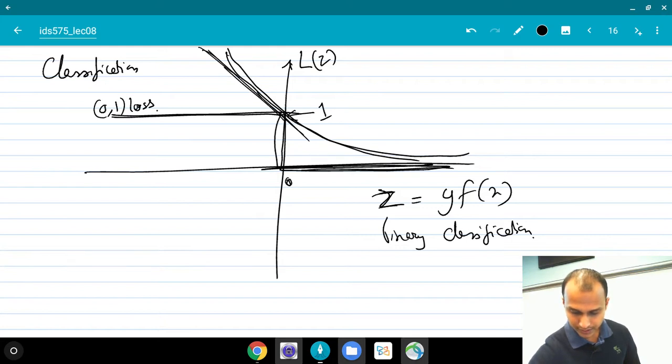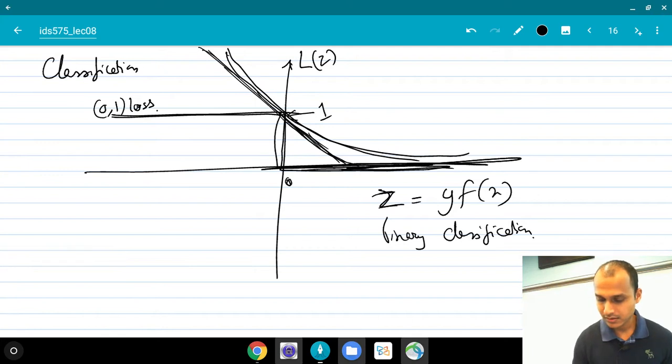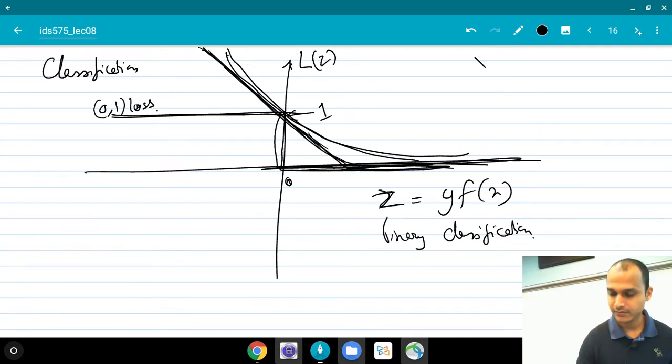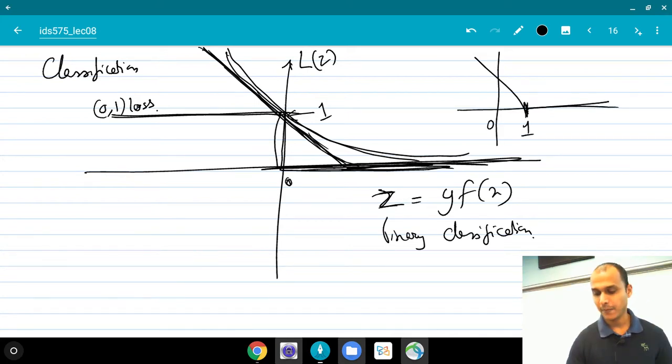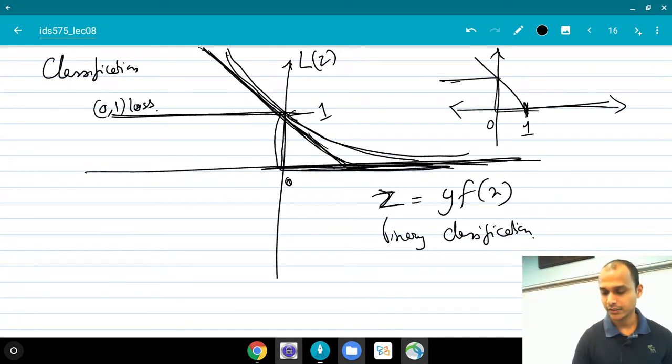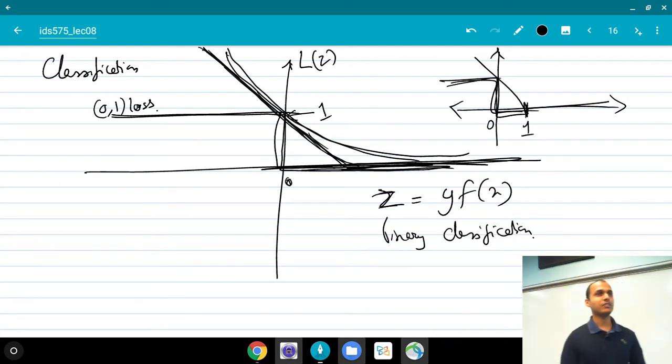Hinge loss is almost the same, but it's like this L. What is this intersection point? Something like 1, let's say. Again, it dominates the 0-1 loss. These are just examples of loss functions you could define, but let's not worry too much about the choice of loss functions.